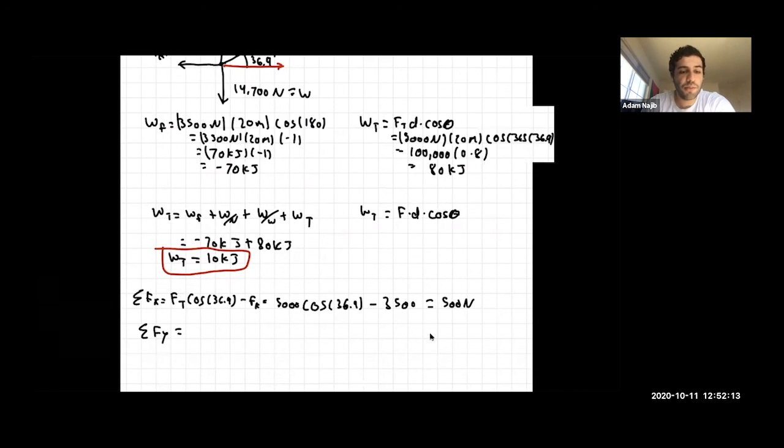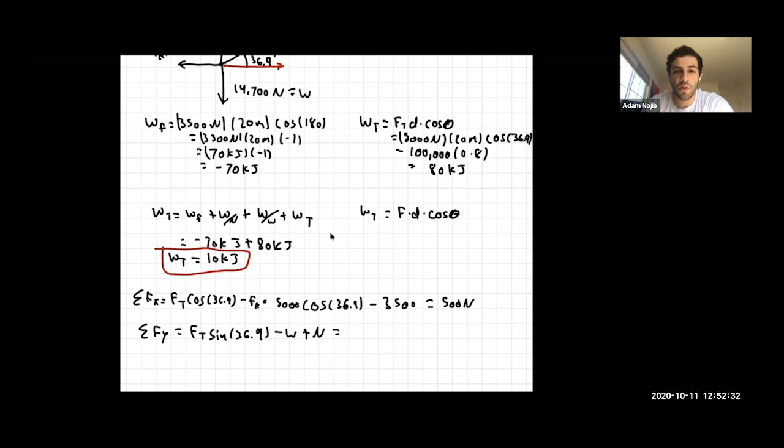But getting back into it, if we want to solve for the y direction, it's pretty similar. It's force of tension times sine of that angle now, minus weight, which we are given, plus the normal force, because that's also acting in the y direction.